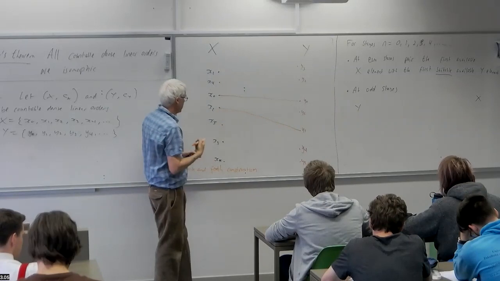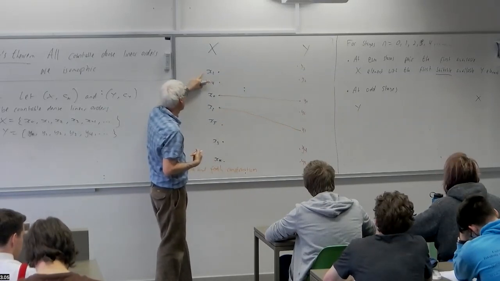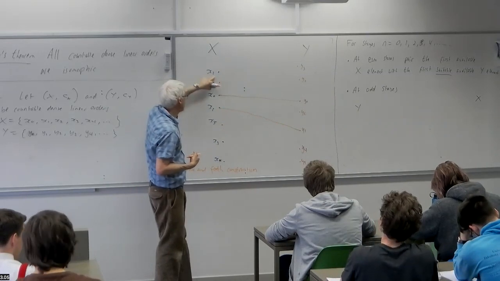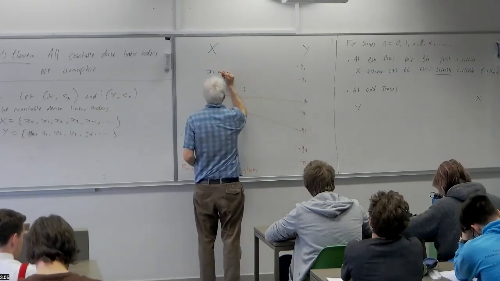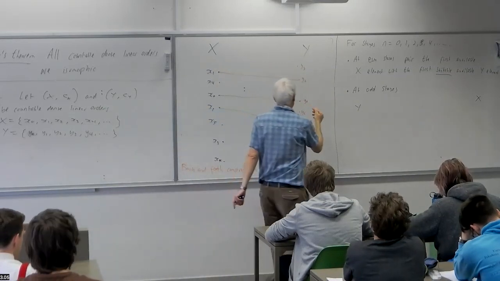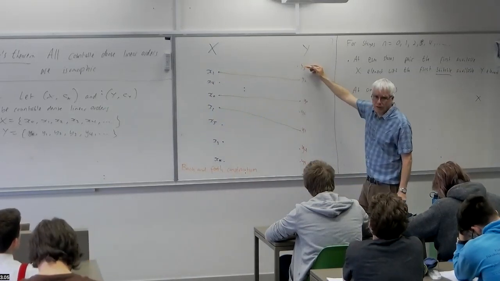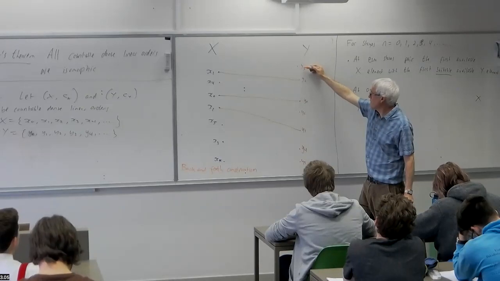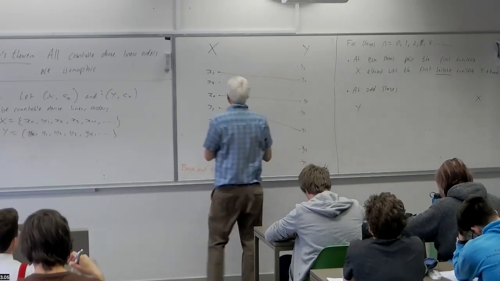Now we go to the next stage, on the left-hand side. X1 is the first element that's not been chosen, and that goes to the first Y element that's not been chosen, which is Y2. Go over to this side. We've now used Y0, Y1, and Y2. So Y3 over here is the first one that's not been chosen, and we find the first suitable element.